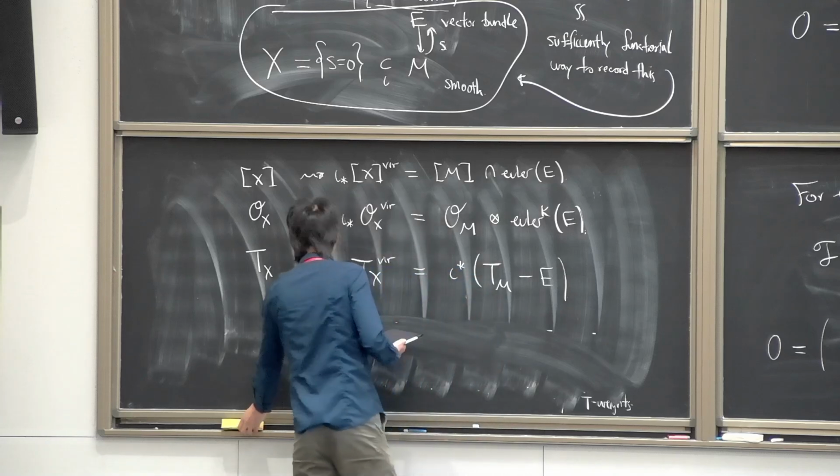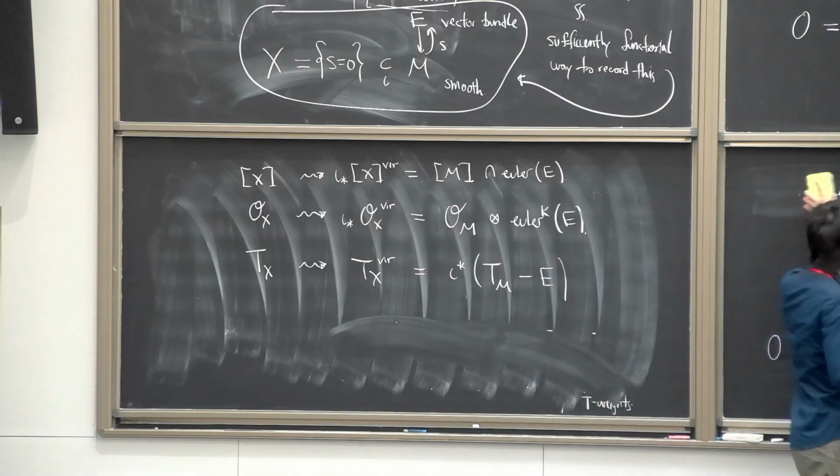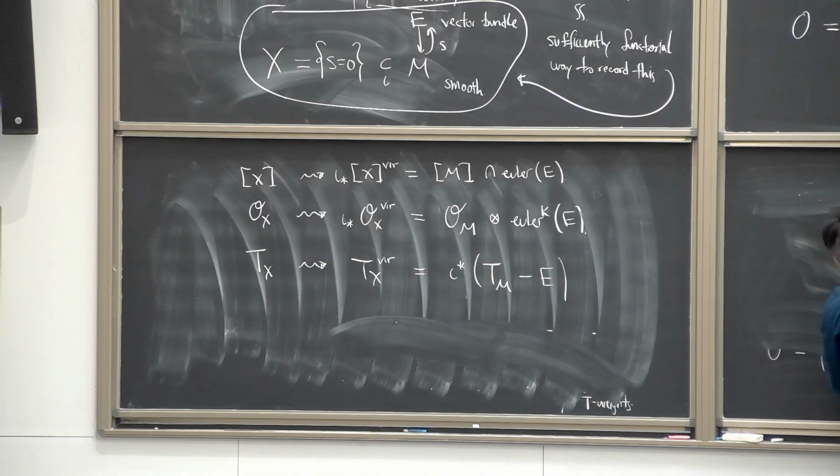So now we imagine the case where we have some scheme with perfect obstruction theory. And we want the perfect obstruction theory to be of a very particular form.